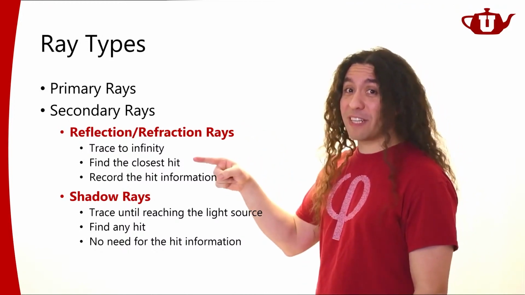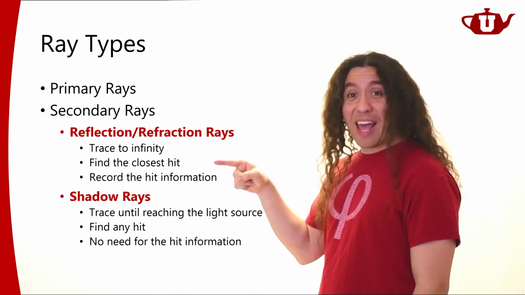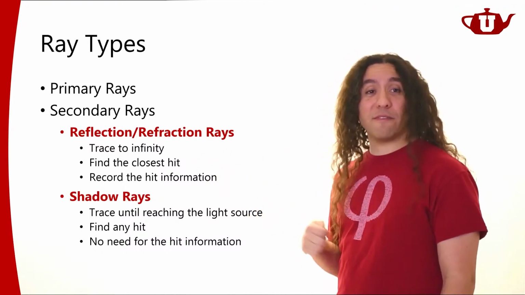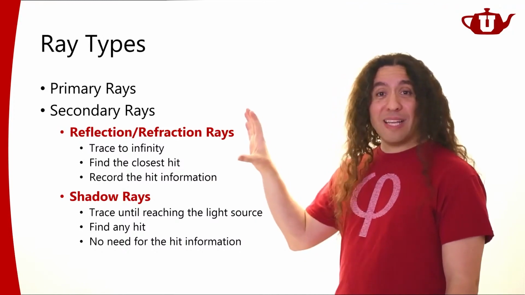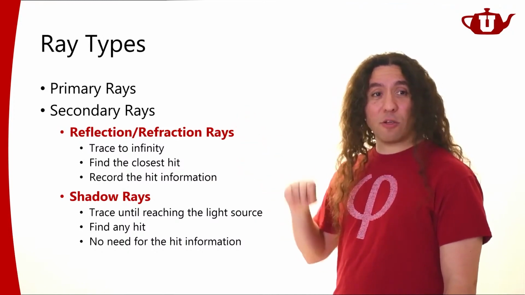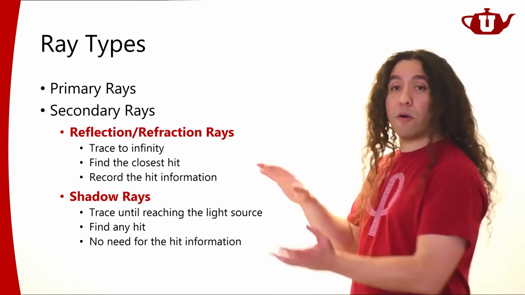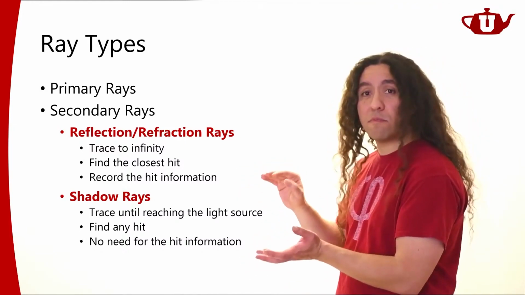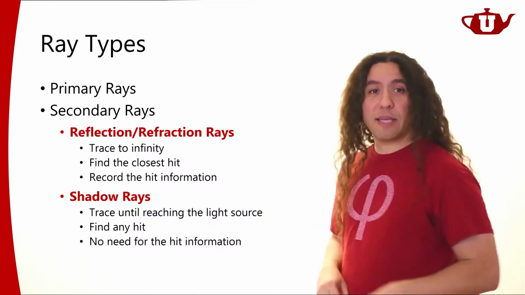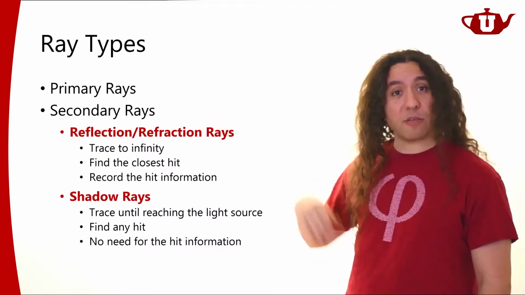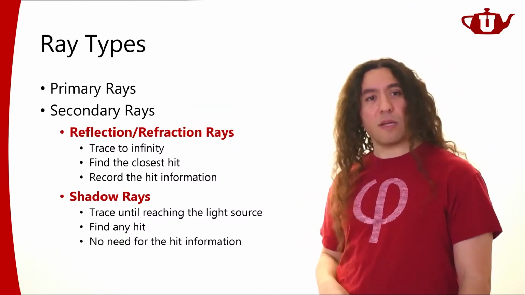I need to make sure that I'm finding the closest one. And I need to record the hit information. And I need to return the hit information as well. So tracing these is going to be a bit more expensive. Shadow rays in general are much cheaper types of rays. The other regular rays we use for reflections, refractions, and also primary rays are going to be relatively more expensive rays.